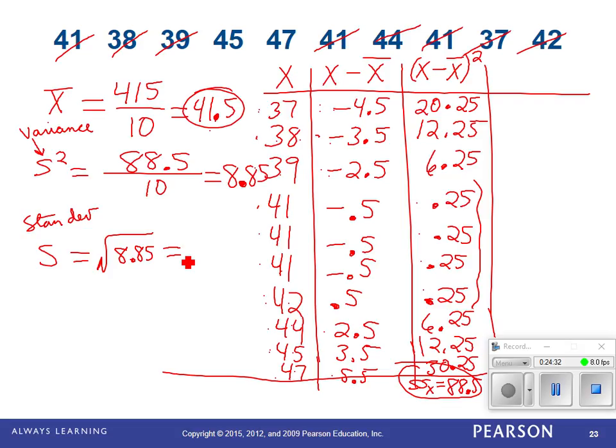So I grab my calculator, second square root, 8.85, and I end up with about 2.97, which they told us to round off to one place farther than what we were. So about 3.0 would be anything in there I probably would accept.